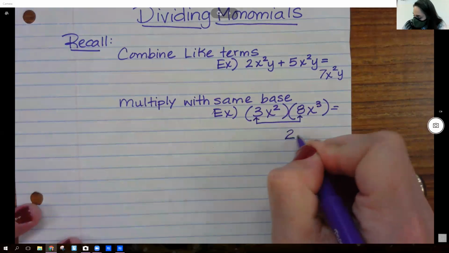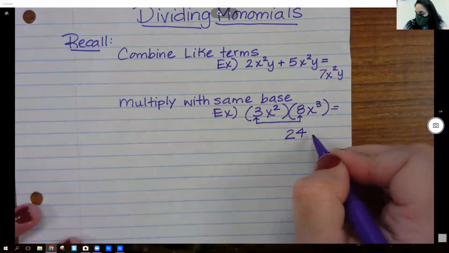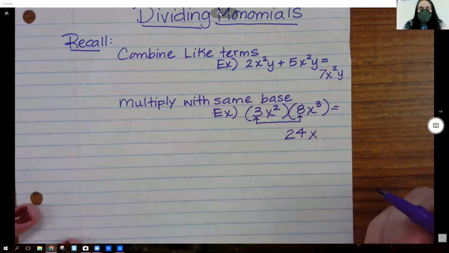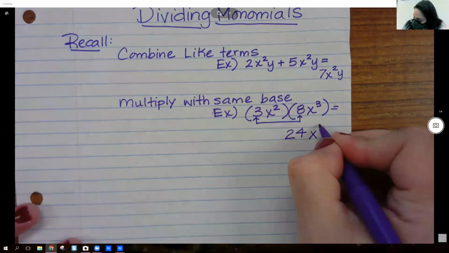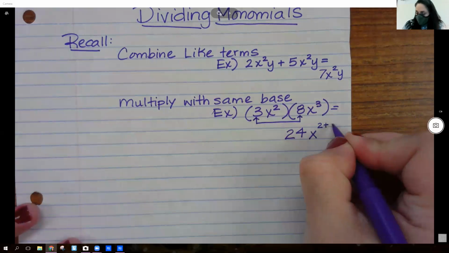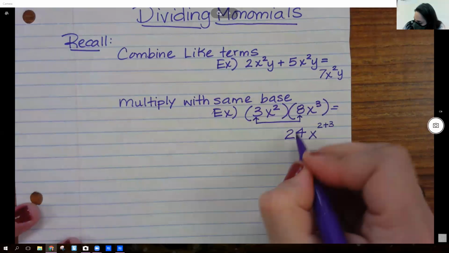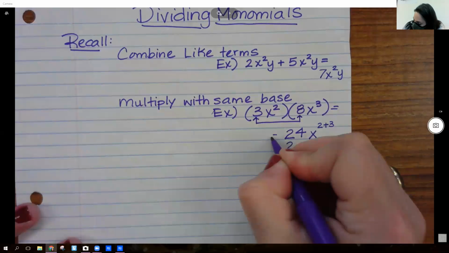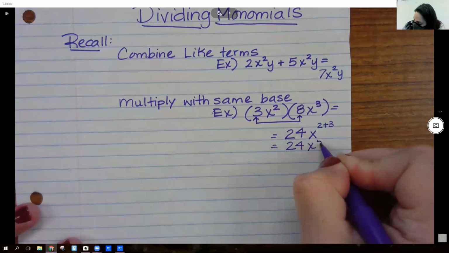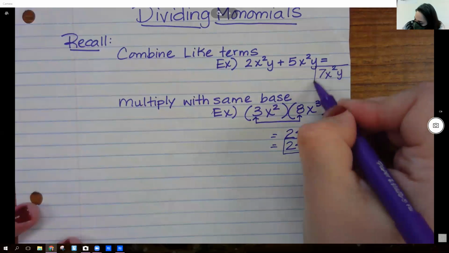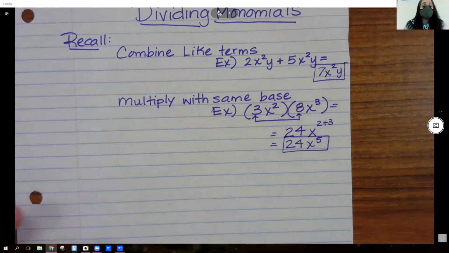So that would be 24. And then you write down the base and you add 2 plus 3. So this would be 24x to the 5th. Okay, and the first one was 7x squared y. So we learned how to do that last Tuesday.